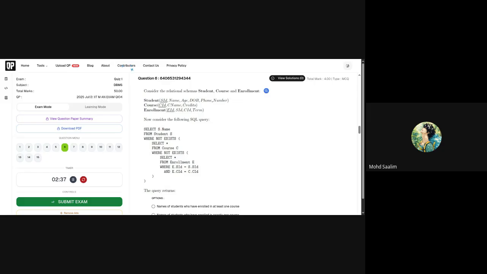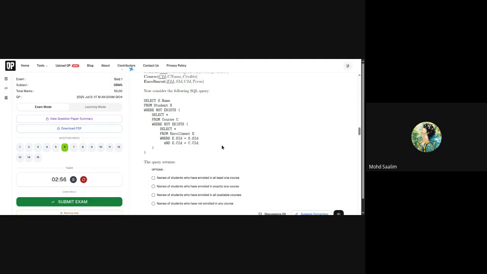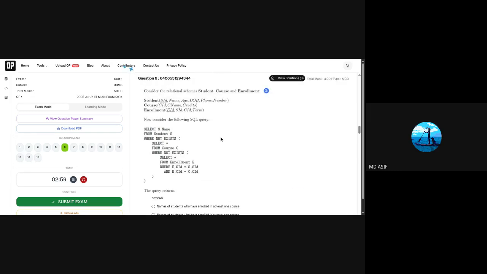That means the name of those students who are not enrolled in any course, because of this not exists here. Not exists returns true when the inner collection is empty, right?